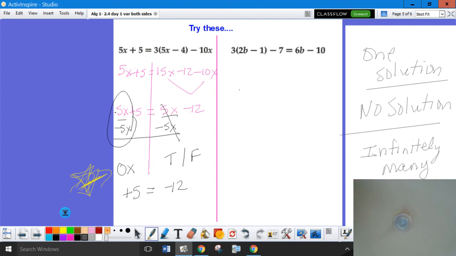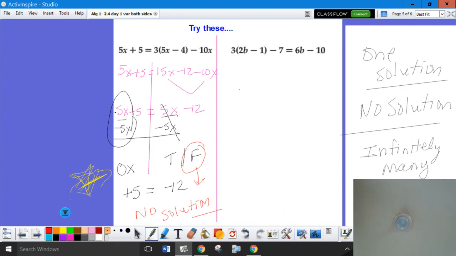So this one, 5 is equal to negative 12. Well, that is definitely false. Well, if it's false, which one do you think it is? Do you think it's one solution? Can't be one solution because I have 0 x's. Impossible. No solution or infinitely many? Well, no solution means it wouldn't work. So it would make sense that if it's false, this is a no solution.